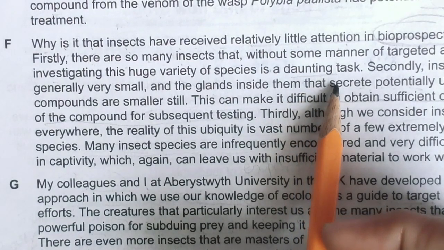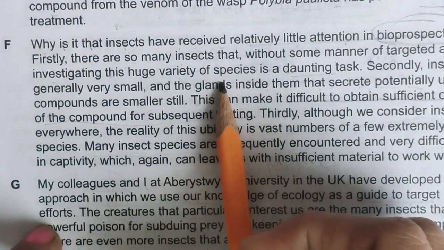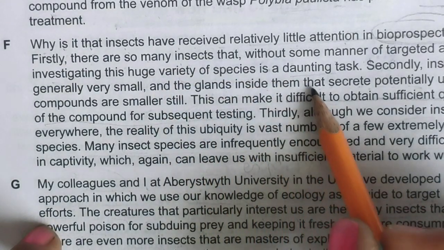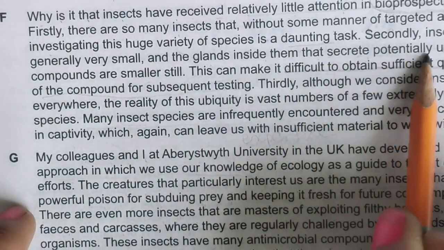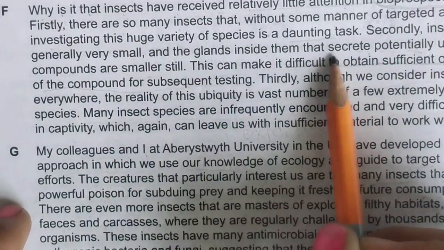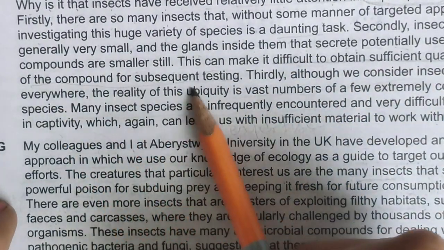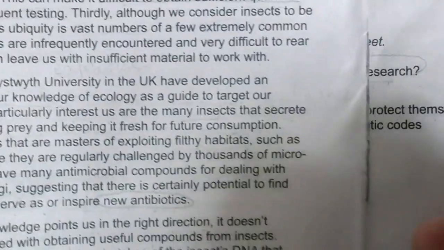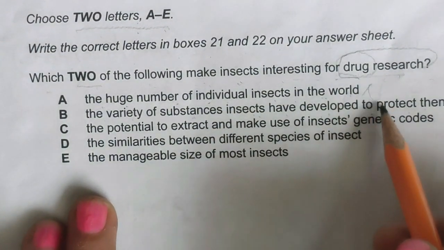It is impossible to take a variety of species into the lab and do all the things. Very small glands inside secrete potentially useful compounds, so this can make it difficult to obtain sufficient quantities of the compound. So here they are just denying it; this first one is not possible.